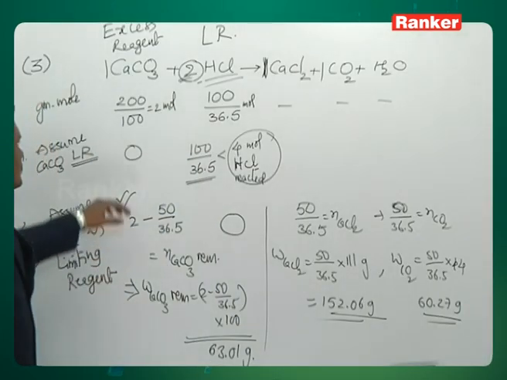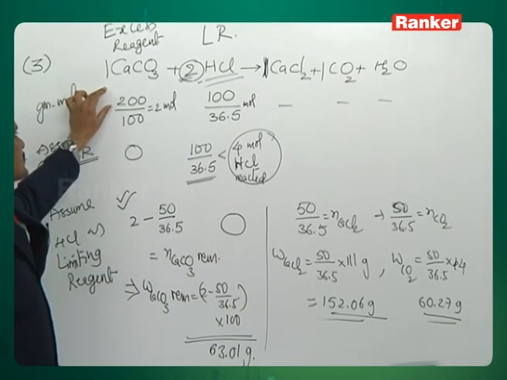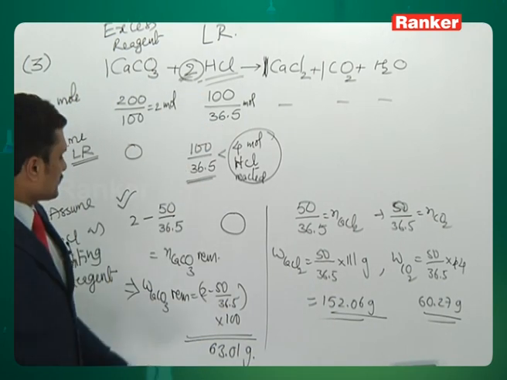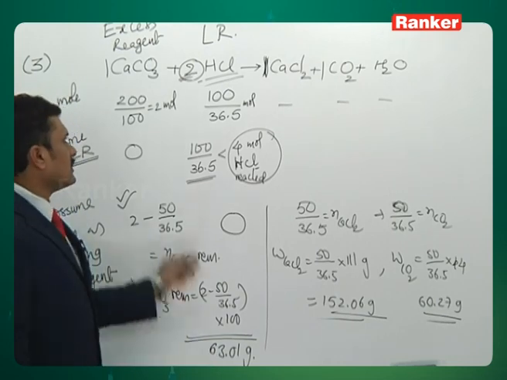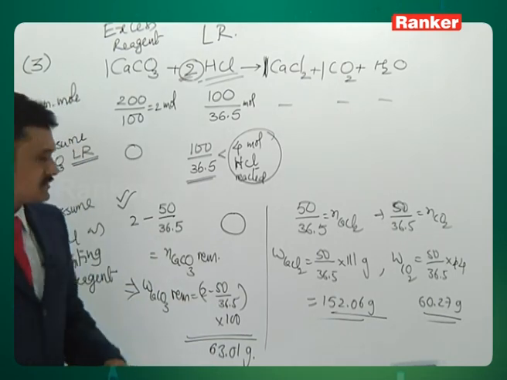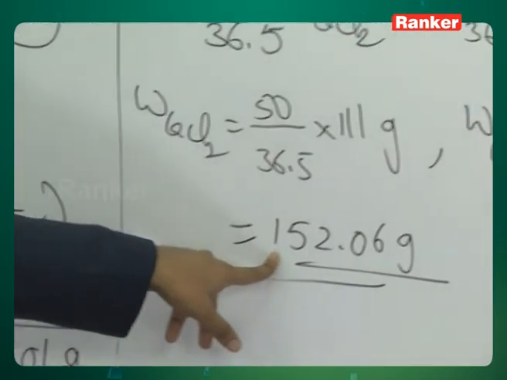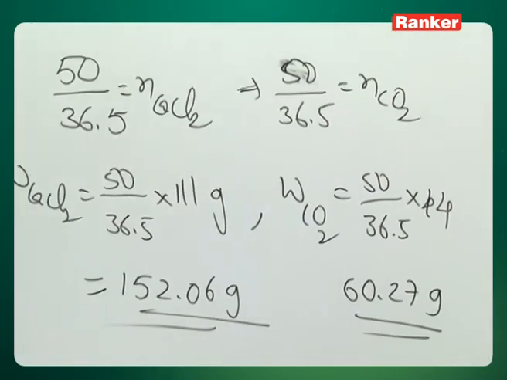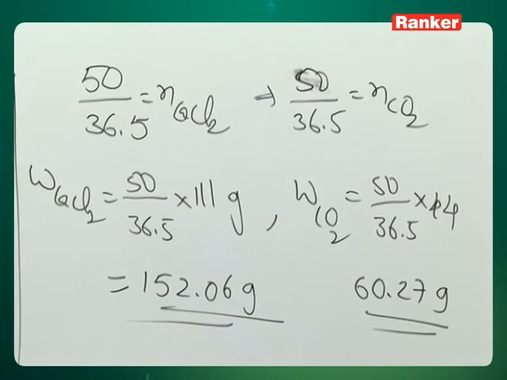So since you entered the laboratory by taking 200 grams and 100 grams of these two, you will end up finally obtaining 63.01 gram of remaining CaCO3, 152.06 gram of CaCl2 and 60.27 gram of CO2 formed as the products.